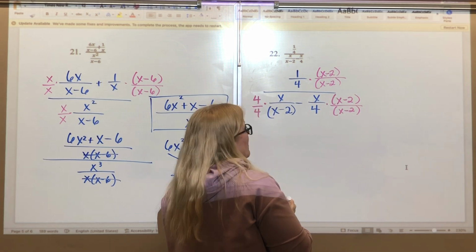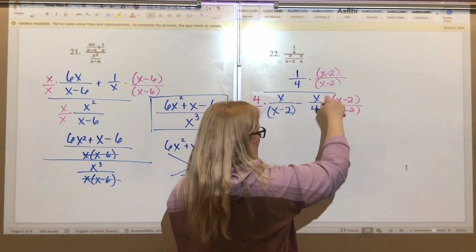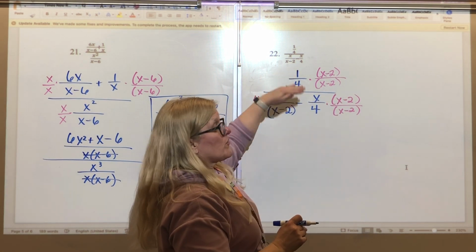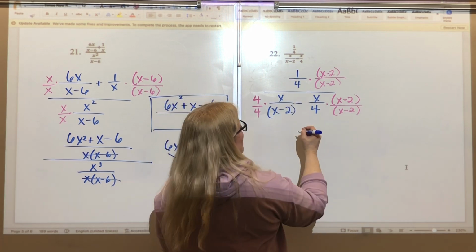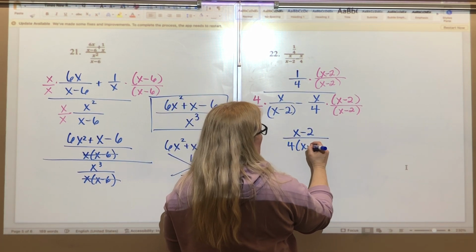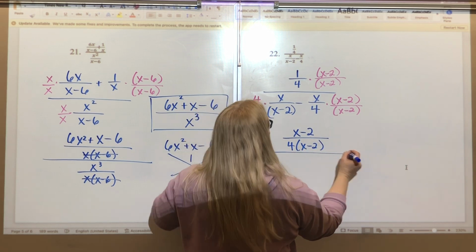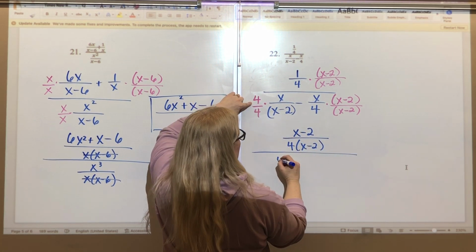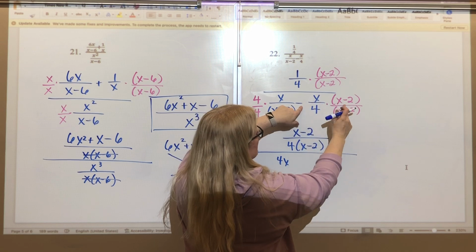Okay, so now I've got common denominator in both the numerator and denominator. So up here I have x minus 2 over 4 times x minus 2 all over 4x minus x squared.